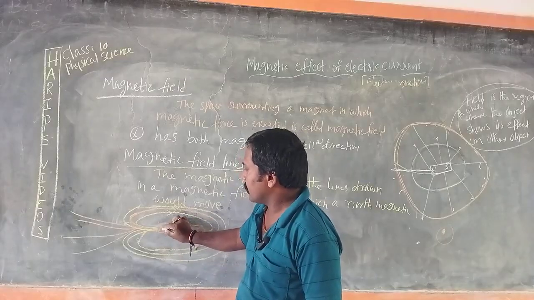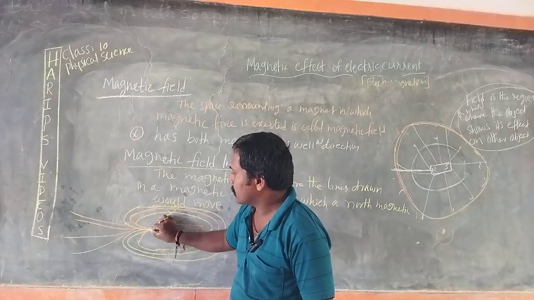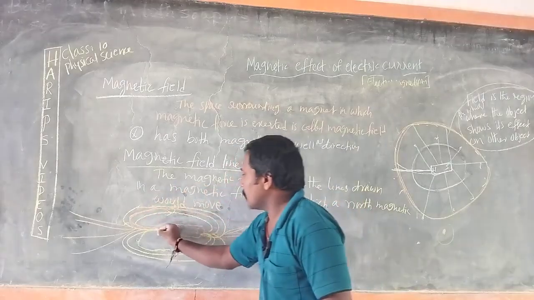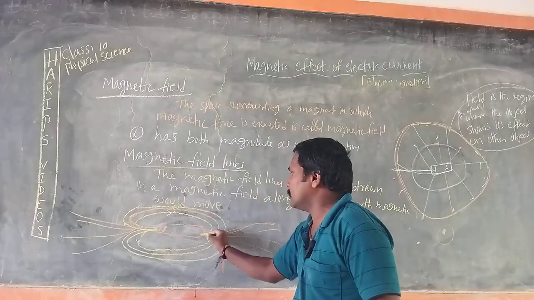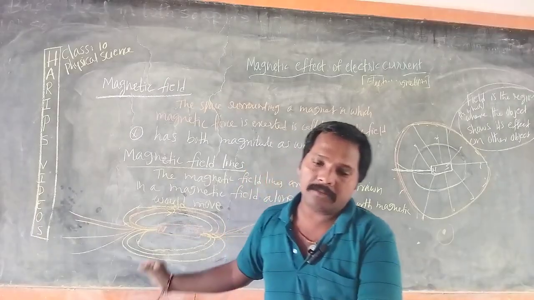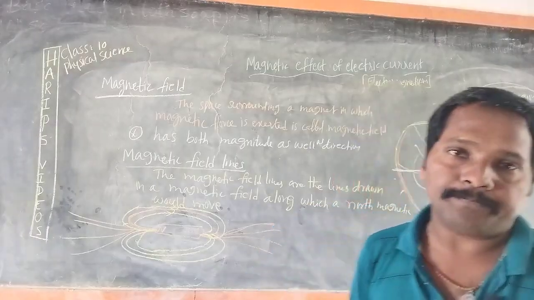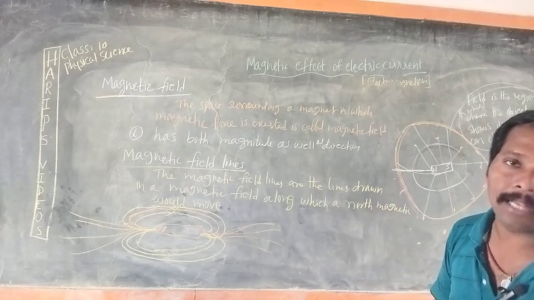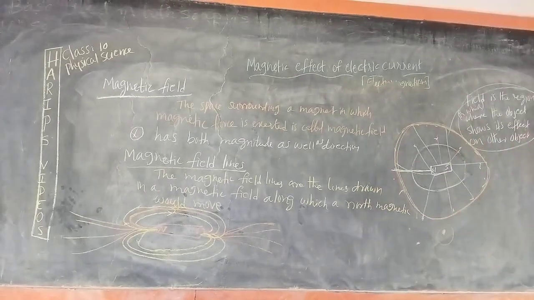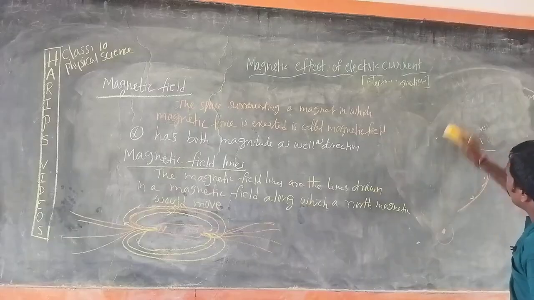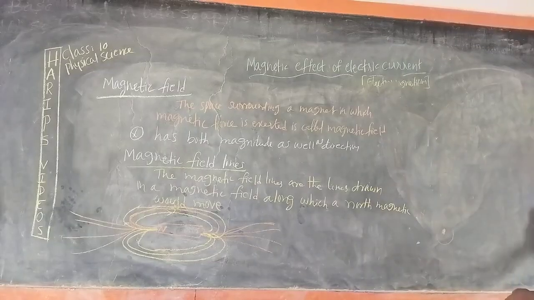It starts from the north pole, emerges from the north pole and merges into the south pole. In this way, we can represent the magnetic field lines. To represent the magnetic field or magnetic field lines, we have two simple experiments.